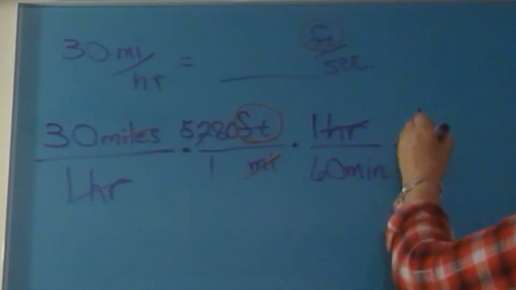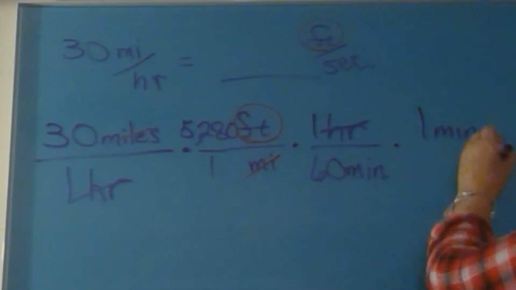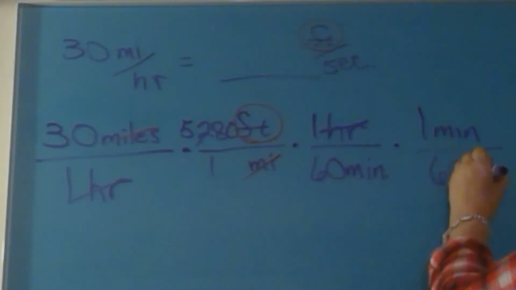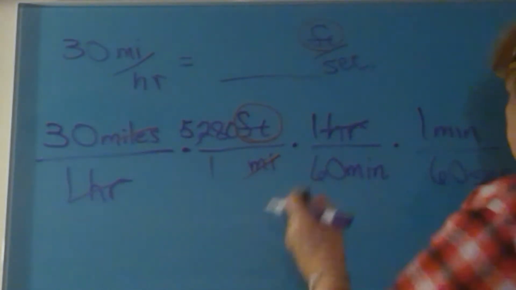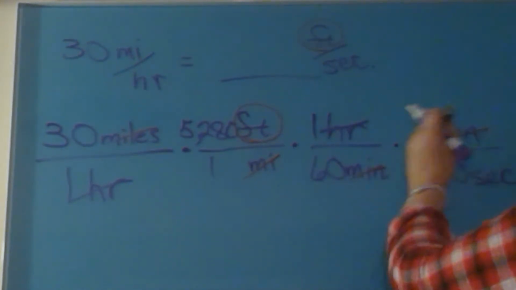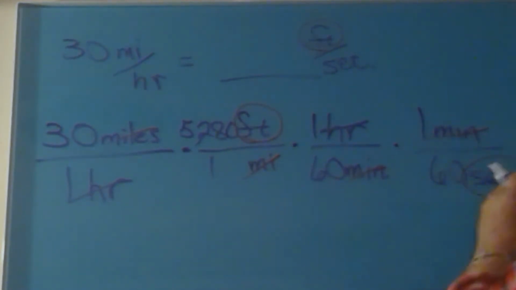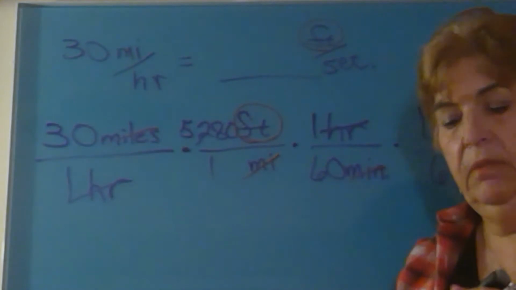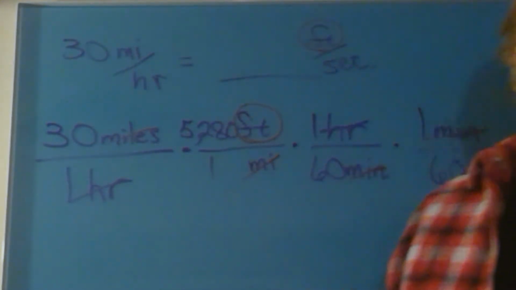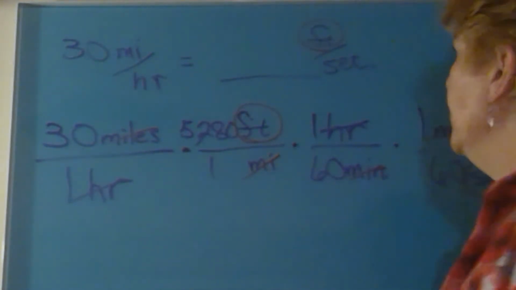So I know that 1 minute is 60 seconds. So I now have the minutes dividing out, and I'm left with feet per second, which is what the problem told me I wanted to end up with.